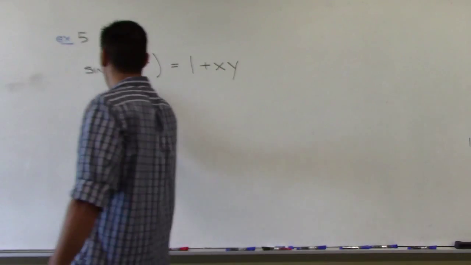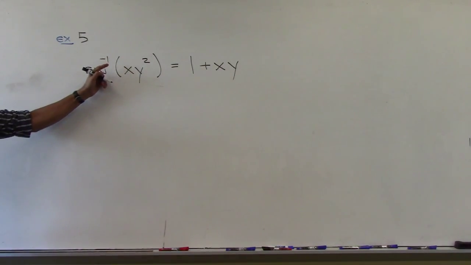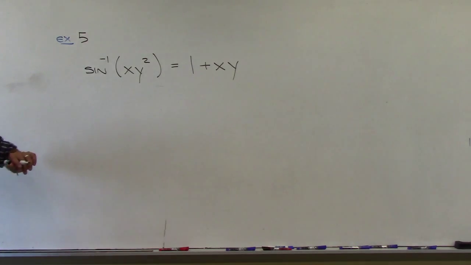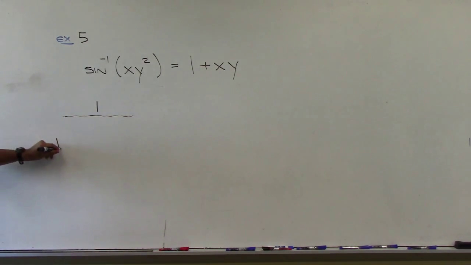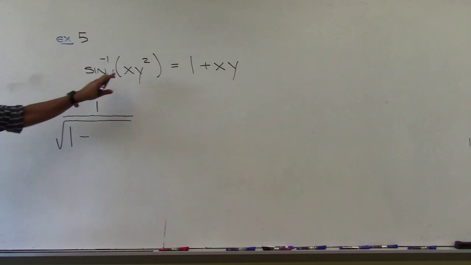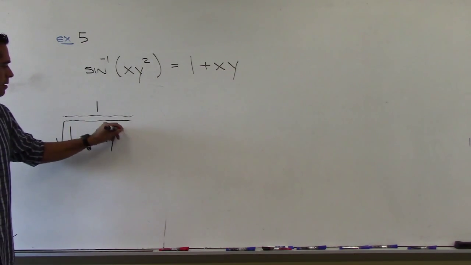So the derivative of the left side, what is the derivative of arc sine of something? 1 over the root of 1 minus the something that we have, which in this case is xy squared, but then squared.